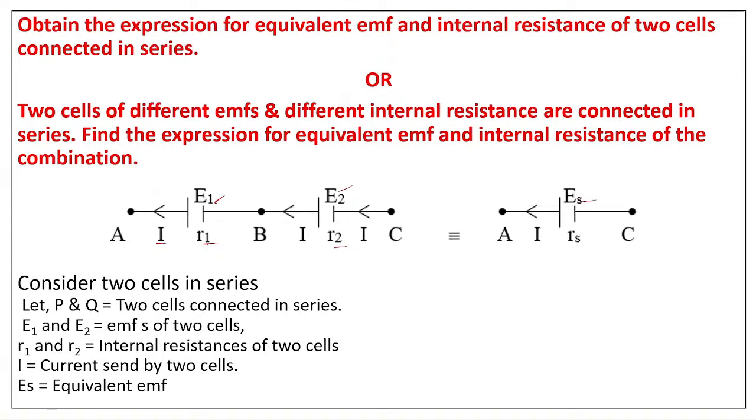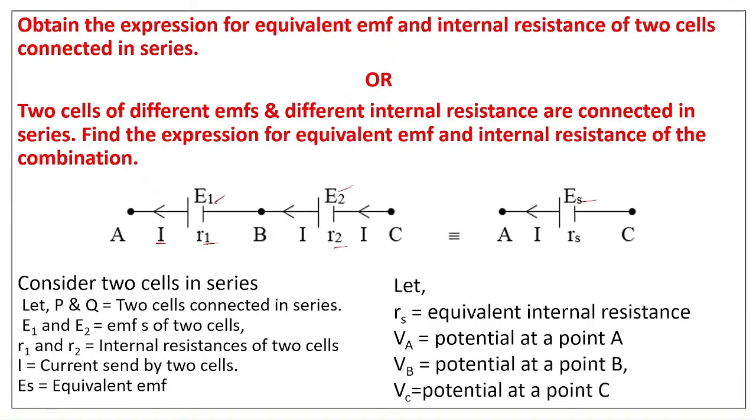E is the equivalent EMF. Let RS be the equivalent internal resistance. VA is the potential at point A. VB is the potential at point B. VC is the potential at point C.